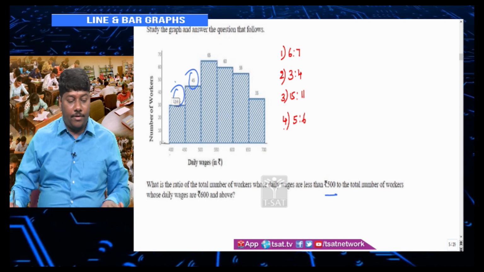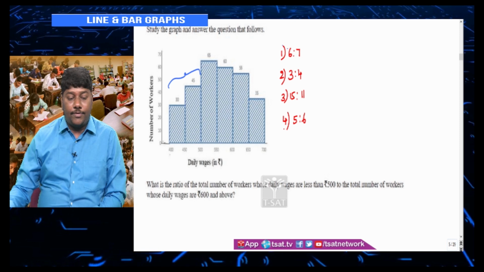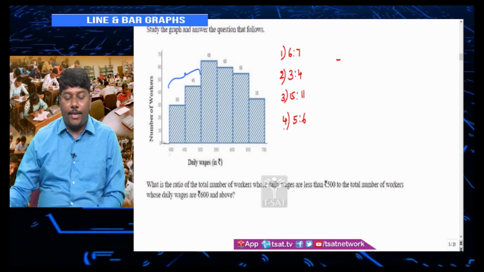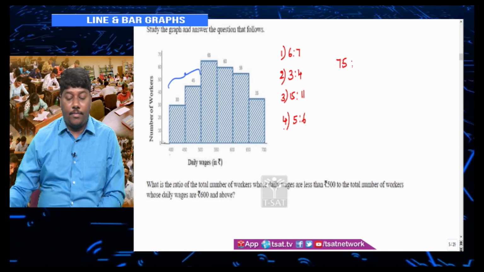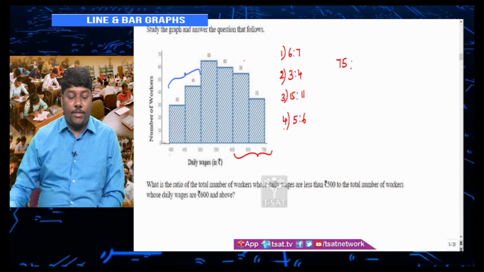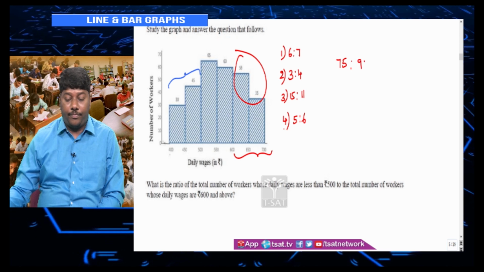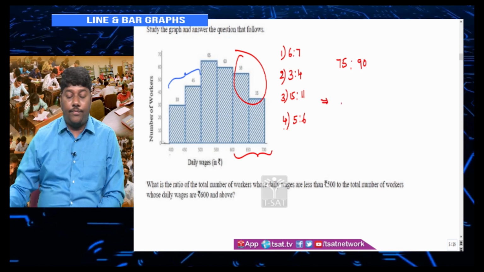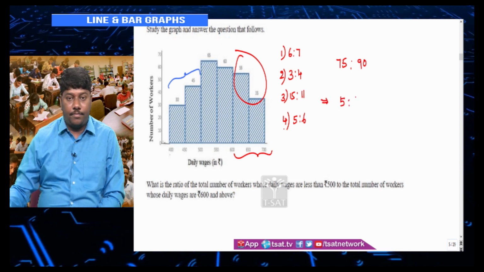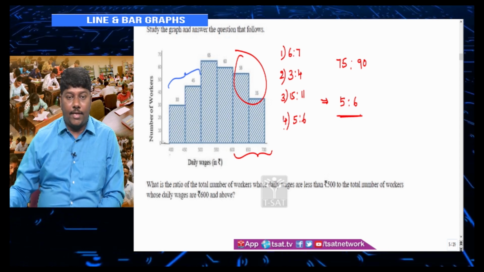Less than 500, I would simply say 30 plus 45, that is 75 members. And how many of them were more than 600? More than 600, 55 plus 35, that is 90. Therefore, the ratio is 5:6. So, the ratio is 5:6. Answer is 4.